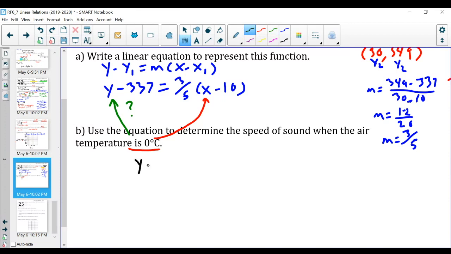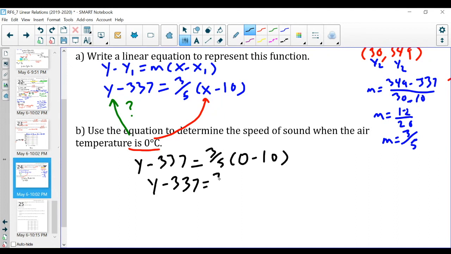So we got y minus 337 is equal to 3 over 5 times 0 minus 10. So we have 3/5 times negative 10. So we'll have negative 6 on the right-hand side.